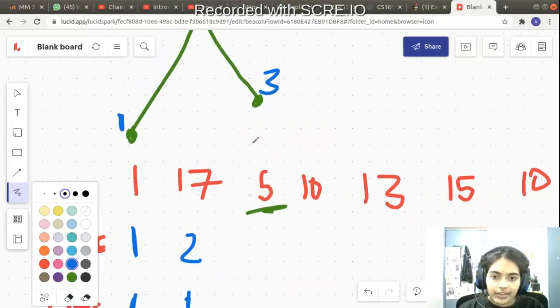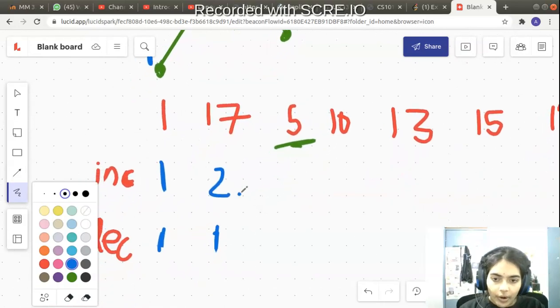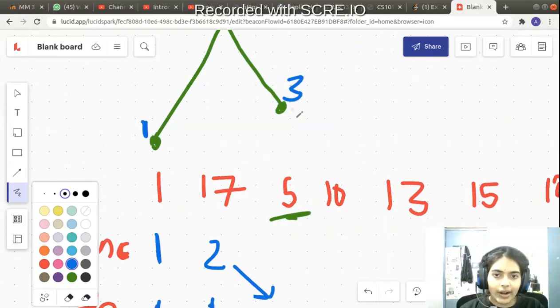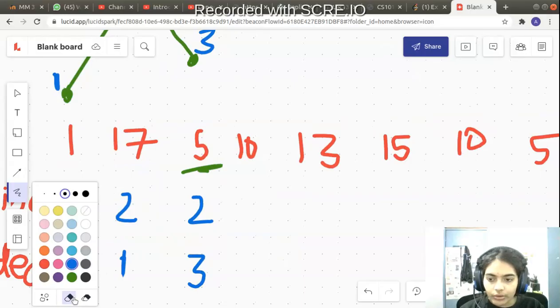Now 5 is less than 17. 5 is less than 17 means the last node that is ending is a decreasing quantity, right? So it signifies it's a decreasing. So my decreasing variable will become 2 plus 1, which is 3. And my increasing variable will remain as such. It will remain 2.